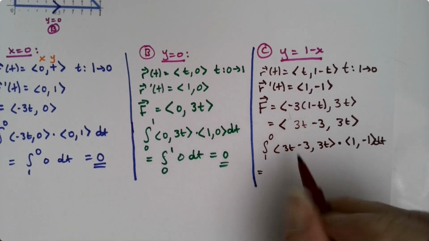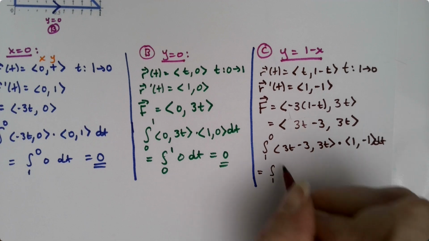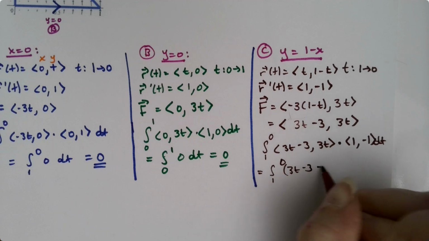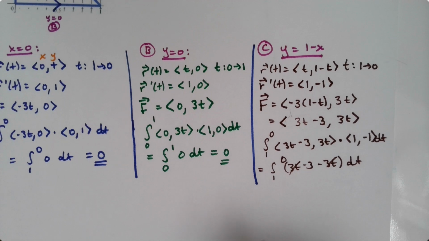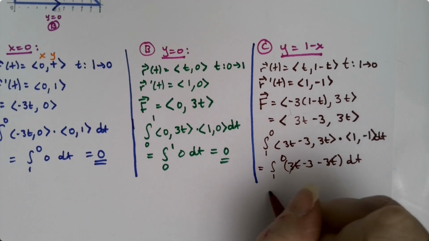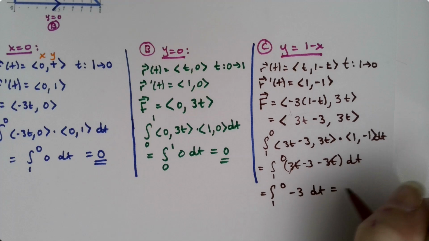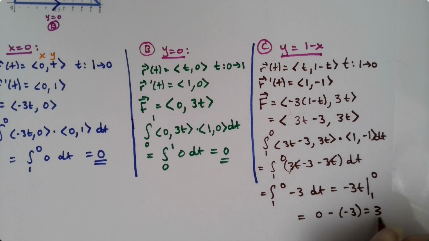All right, so the integral from 1 to 0 of 3t minus 3 minus 3t dt, which all goes away. So we're integrating negative 3, which is negative 3t from 1 to 0, which would be 0 take away negative 3, which is 3.